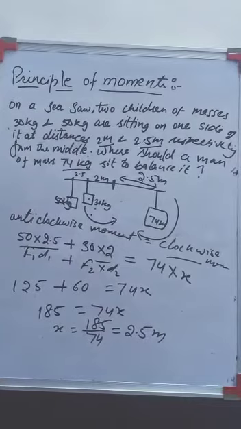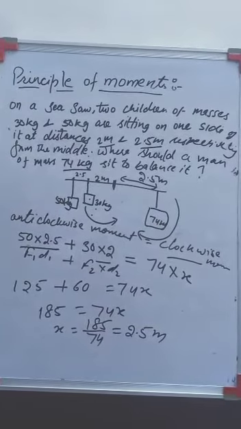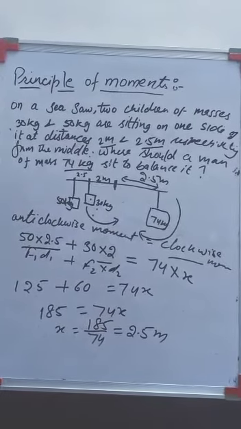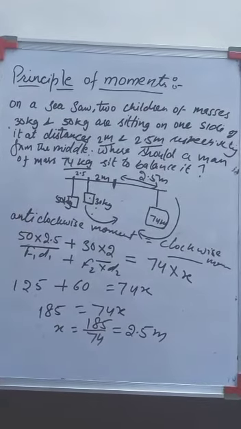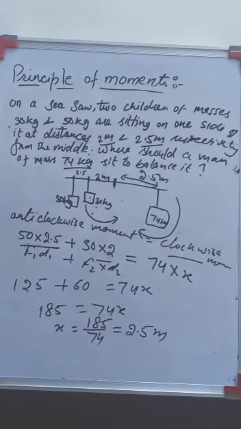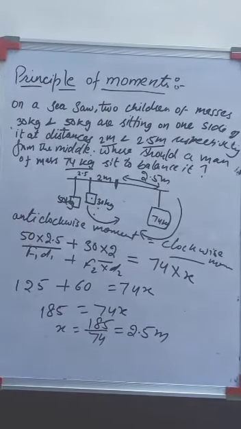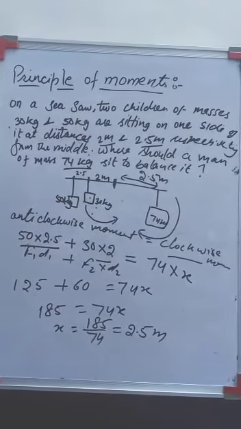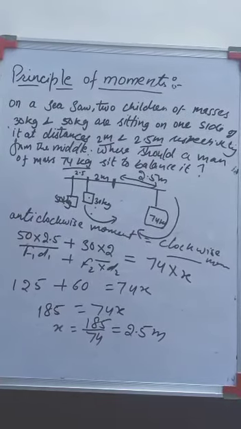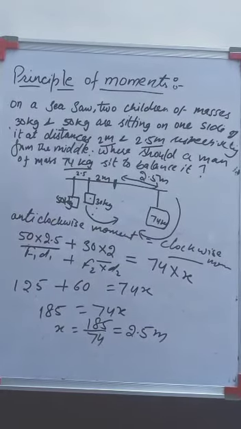So first thing you need to do, you just need to draw the arrangement. If the arrangement is clear, you can solve the question very easily, right? So you need to understand on which side the man is sitting, on which side the child is sitting, and at what point the object is pivoted.